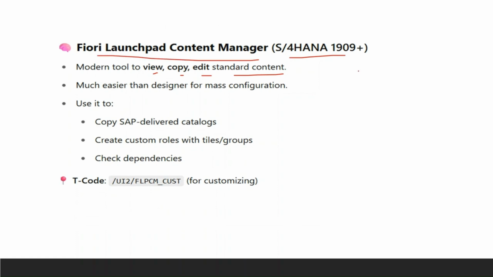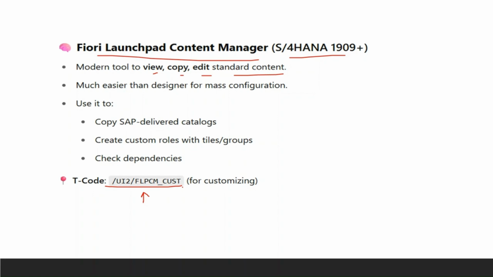This is the T code if you want to open it from SAP GUI: /UI2/FLP_CM, where CM stands for Content Manager, and underscore CUST is for customizing. Otherwise there is another one called underscore CONF for configuration, which is cross-client. So always use customizing, specific to a particular client.